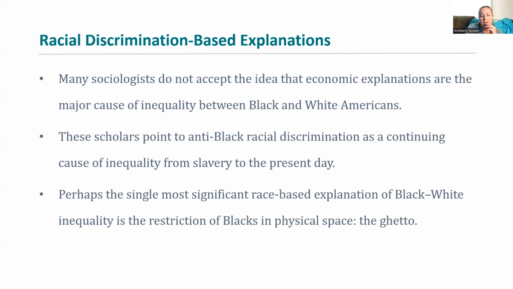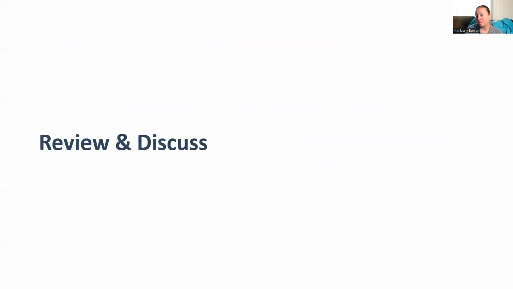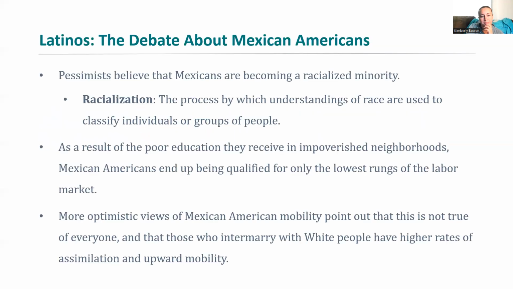Perhaps the single most significant race-based explanation of Black and white inequality is the restriction of Blacks in physical space, the ghetto, which we talked about extensively when we talked about, let me go back and find it.